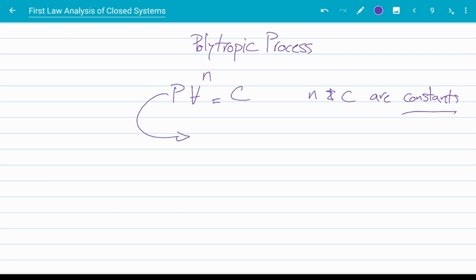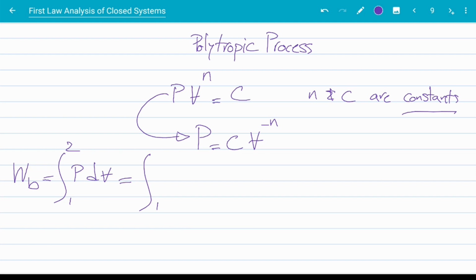Playing with this equation, I get pressure is C times volume to the power of minus n. I also know that the boundary work is the integral from 1 to 2 of P dV. I can plug in everything here and say integral from 1 to 2 of C V^(-n) dV.